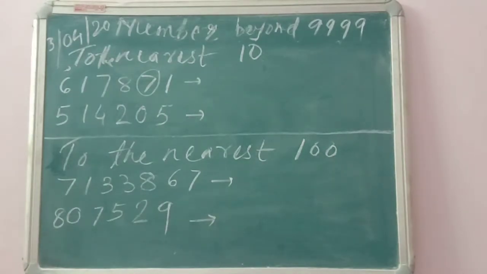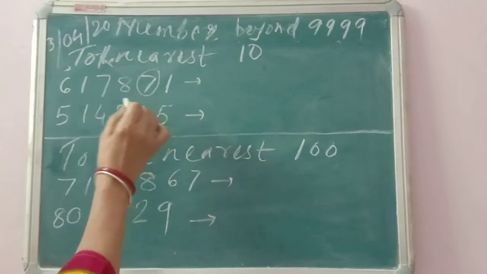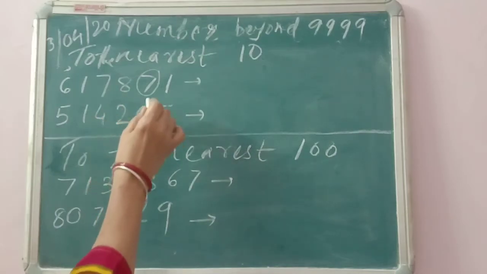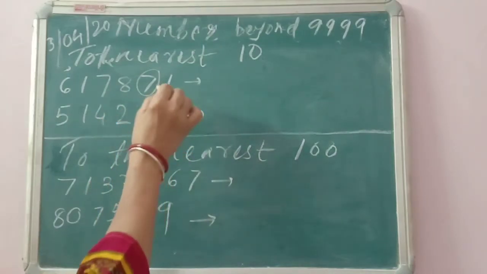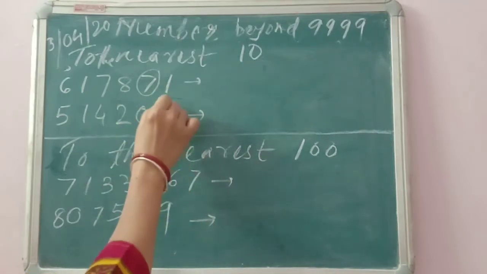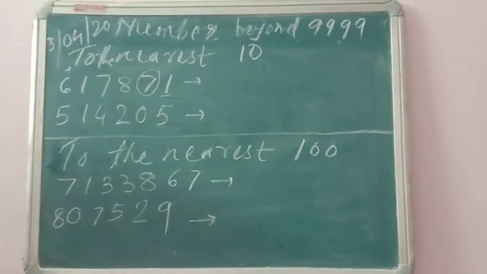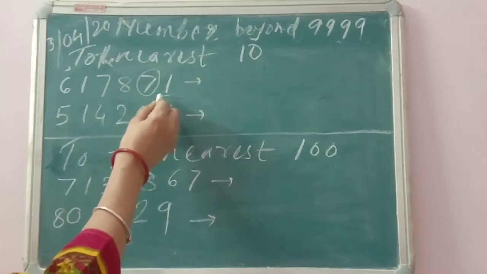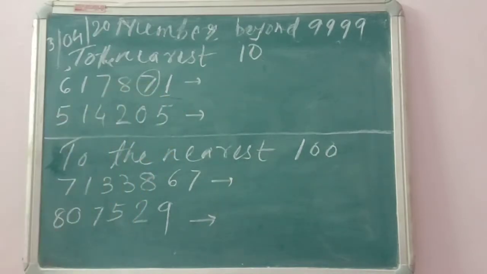The next digit which I have to consider is the 1. I have to check this one to round off the given number to its nearest 10. At the ones place it is 1.